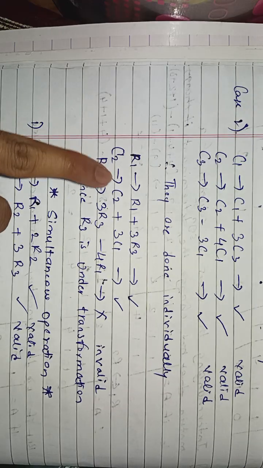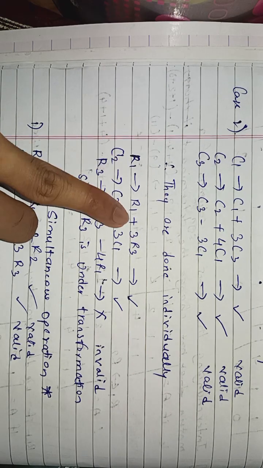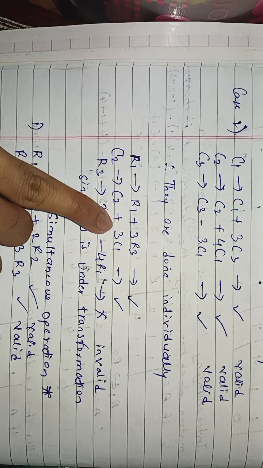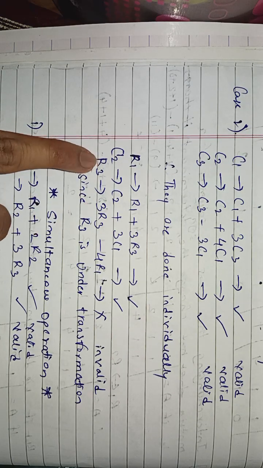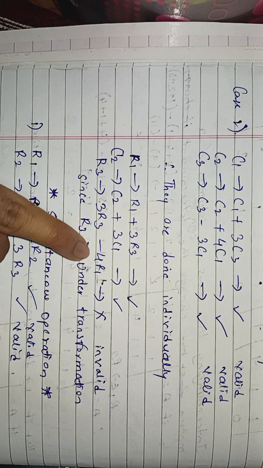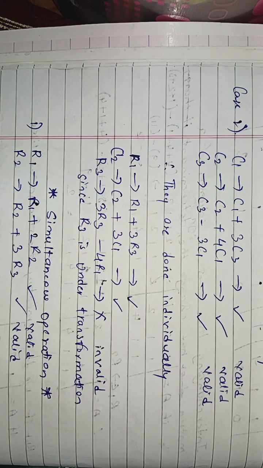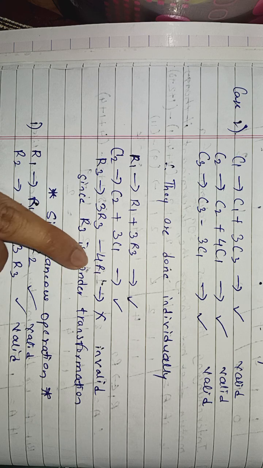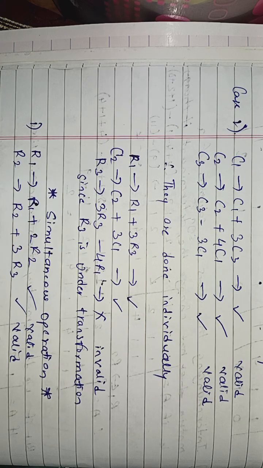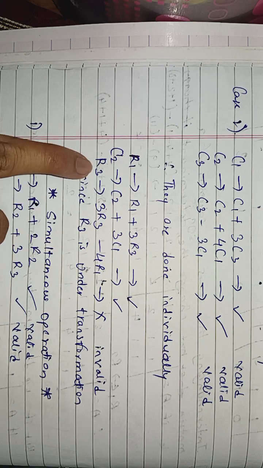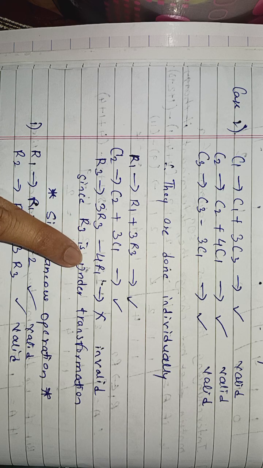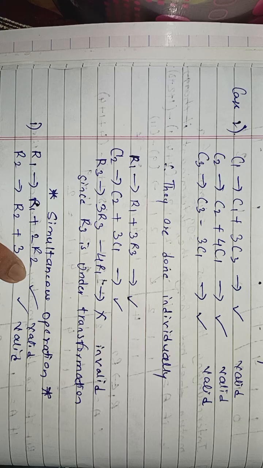Here, R1 is R1 plus 3R3, C2 is C2 plus 3C1, and R3 you have written as 3R3 minus 4R1. This is invalid because R3 is under transformation.